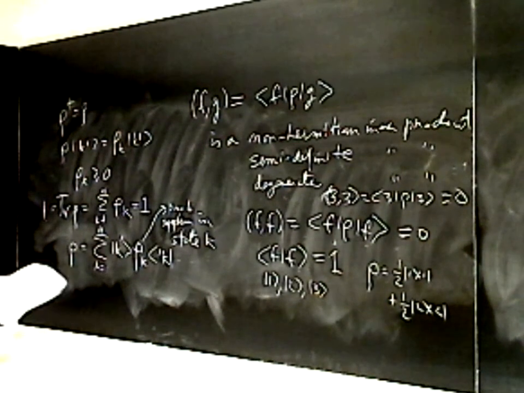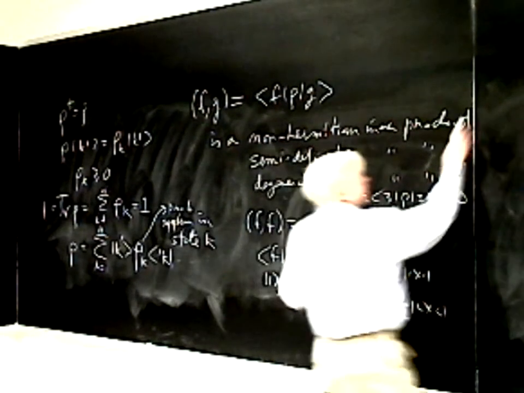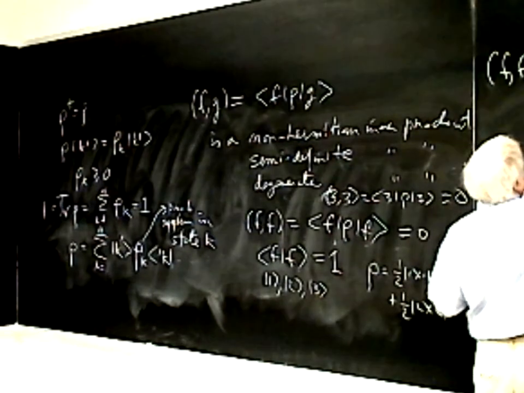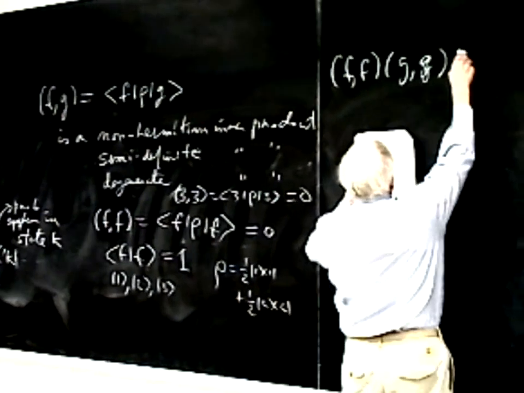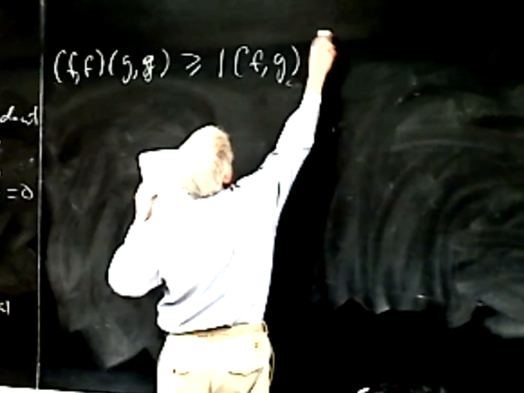Now, nonetheless, it still satisfies the Schwarz inequality. The Schwarz inequality would be (f, f)(g, g) is greater than or equal to the inner product of f with g squared.